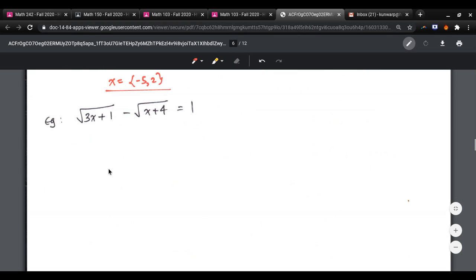Now the last type is where you have x terms in the radical on both of them, right? So here, what you want to do is maybe isolate one of the radicals and send the other radical with a rational number on the other side.